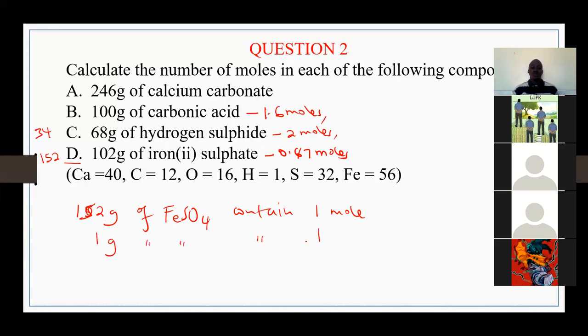It will contain 1 over 152 moles. But now the mass we have is 102. That means 102 grams of iron-2 sulfate will contain this number of moles times 102. What do we get? 102 divided by 152.